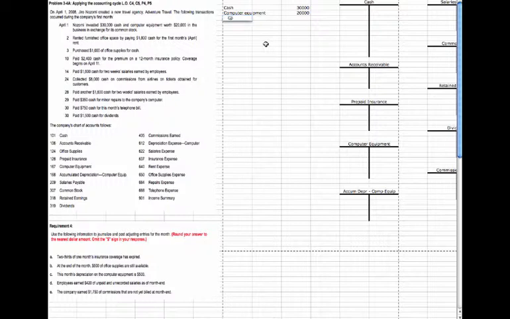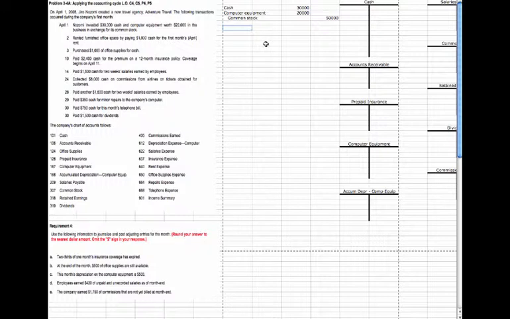So we would take common stock and we would credit that for $50,000. So now we have our debit entries and credit entries all agreeing. Now, if we were doing this in our real general journal, we would want to put a description down here to tell people what that transaction is. But because of space, we're going to go ahead and leave out the descriptions.